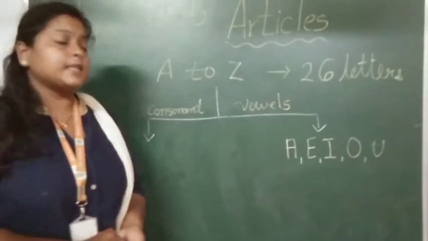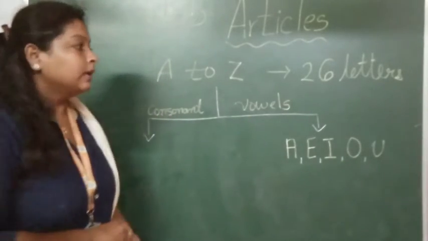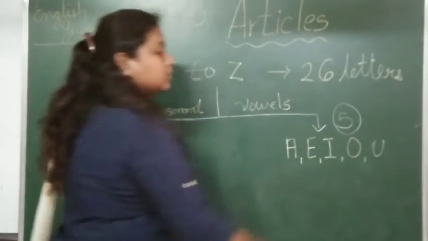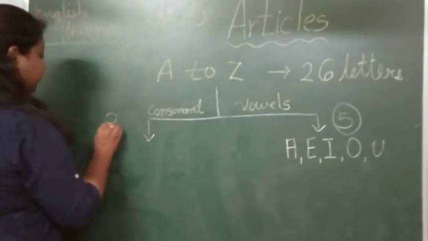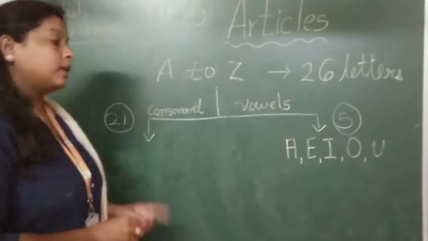Right? And except for these 5, the remaining letters, that means from 26, 5 are vowels, then the remaining 21 are consonants. Which are they? Let's write.